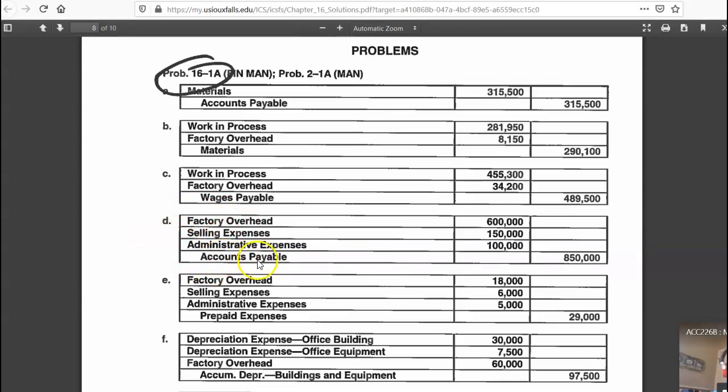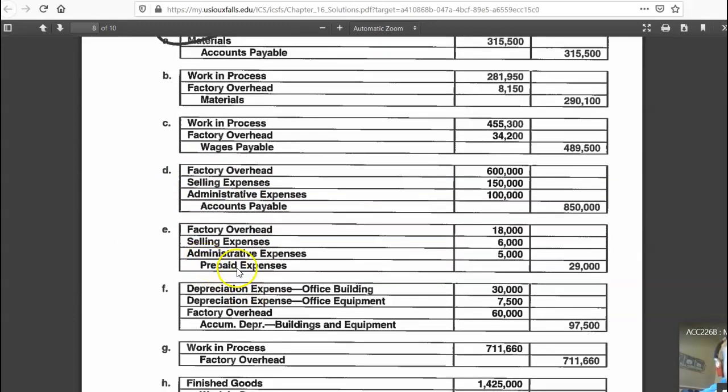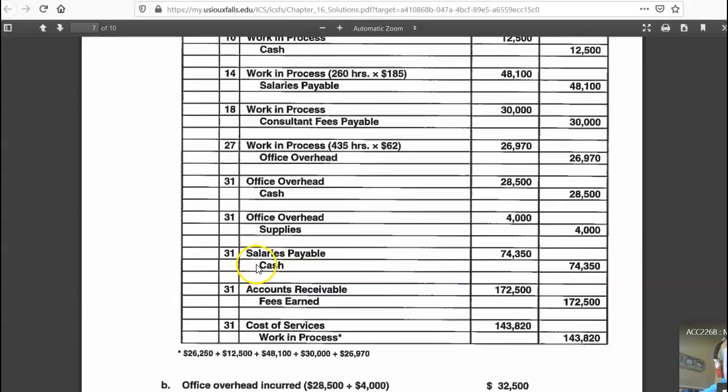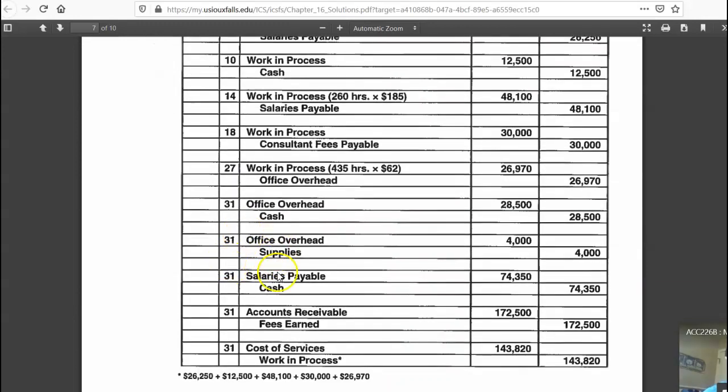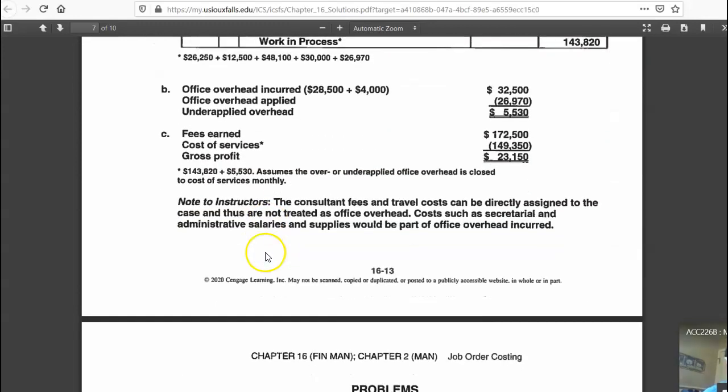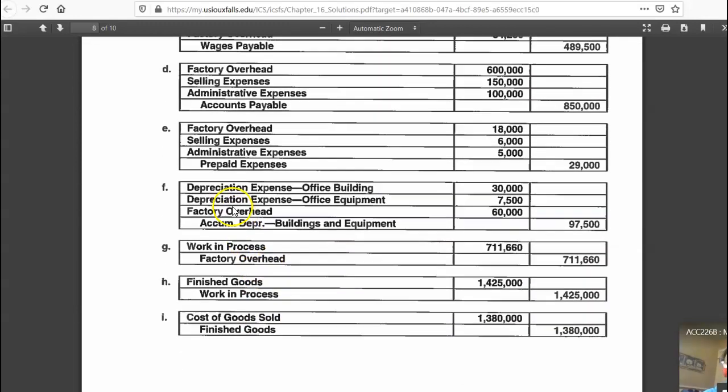Well, because we're charging it, which we'll actually have to pay, this is actual overhead. Just like here, we had prepaids, just like we did up here with supplies, same entry. We're taking it out of prepaid supplies or whatever it is. Some of it's getting charged to administrative, some to selling, and some to overhead. All actual.